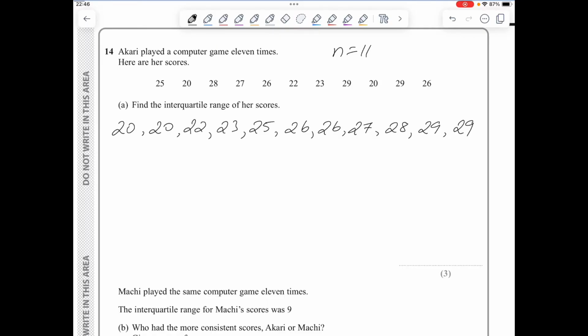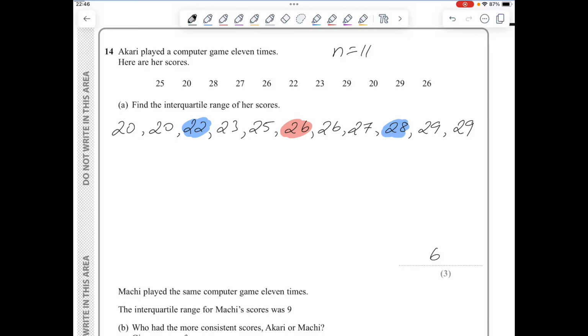Just observe that the middle value is the sixth one, that's the 26th, and this divides the whole list into two subgroups, the left and the right. And from the left one, the left 5 numbers, the middle one is 22. That's my Q1. And from the right subset, 28 is the middle one. So this is Q3. And the difference between 22 and 28 is equal to 6.